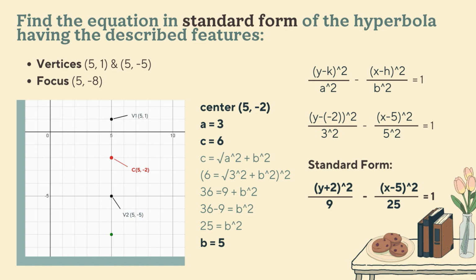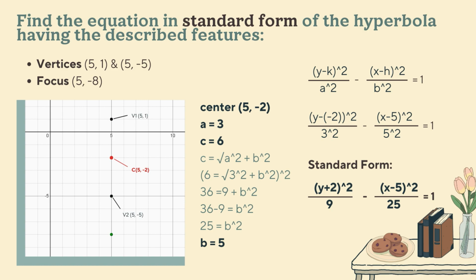So we already have our values for a and c. Next thing we're going to do is to find the value of b. All we need to do is to use the formula for c, which is c equal to the square root of a squared plus b squared. Next, we're going to substitute the values.